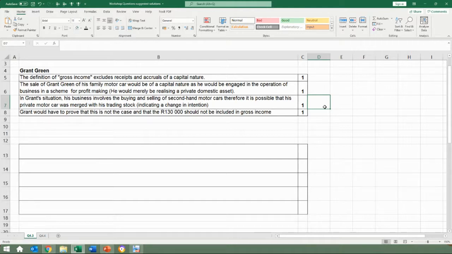First you had to state that the car could potentially be capital in nature. Then you had to talk about his business and the fact that his business is actually to sell second-hand cars. So there might have been a change in intention, but normally a car would be seen as capital in nature. And you would need to prove that it is actually capital and not part of the profit-making scheme so that it's not included in gross income.